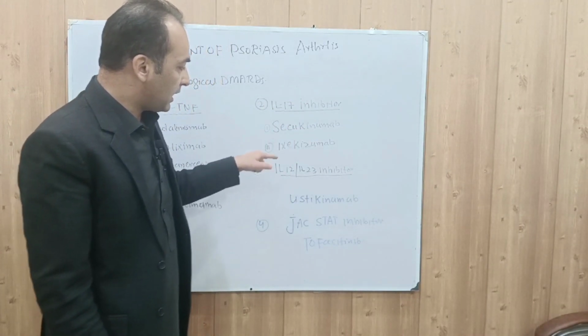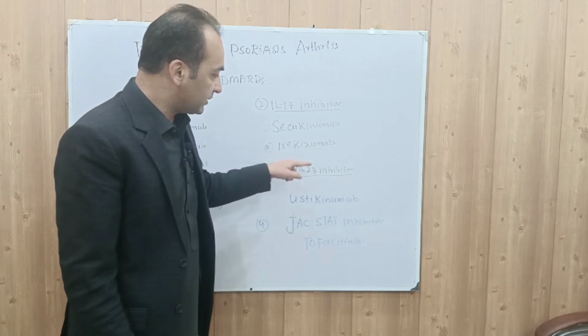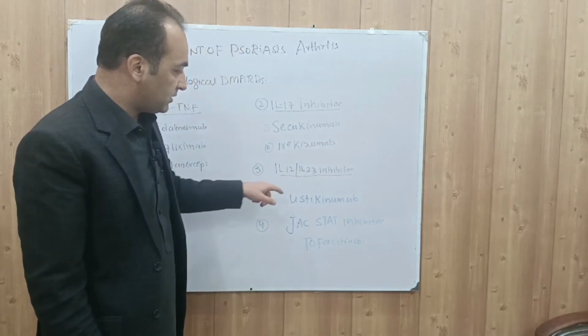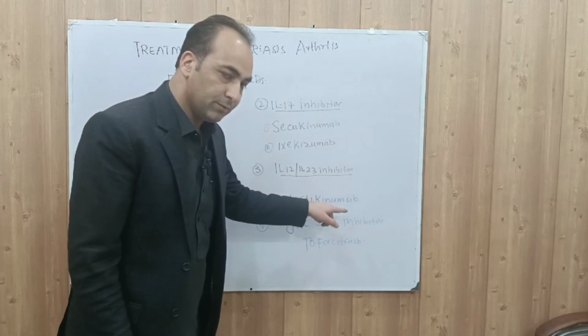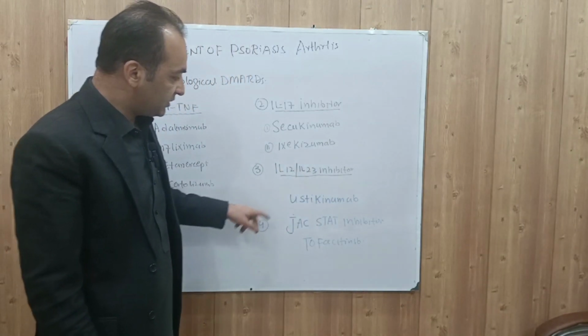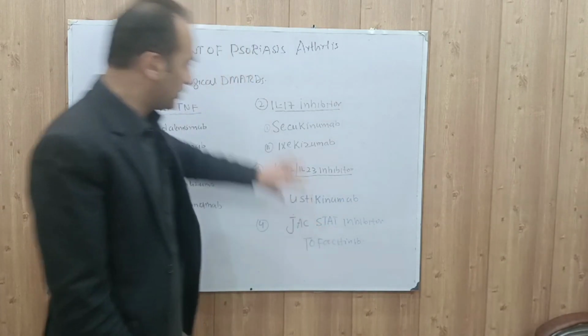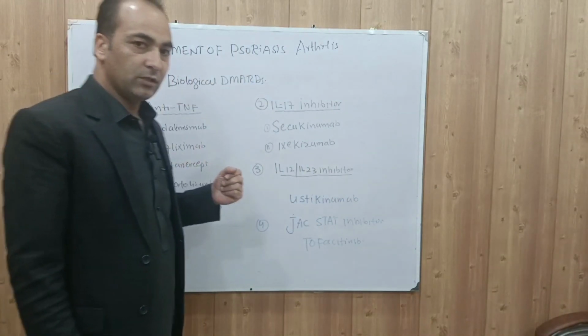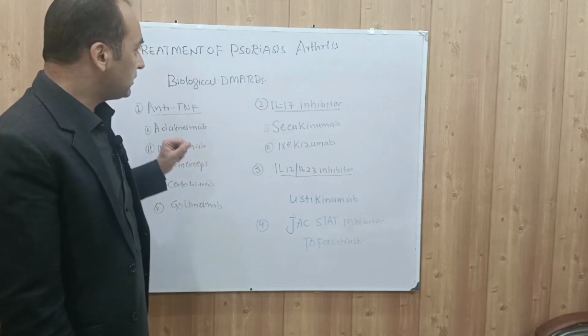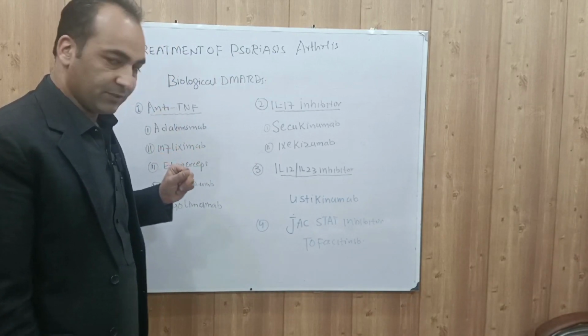The combined IL-12 and IL-23 inhibitor ustekinumab and the JAK inhibitor tofacitinib. So these are the biological DMARDs which are used in the psoriatic arthritis.